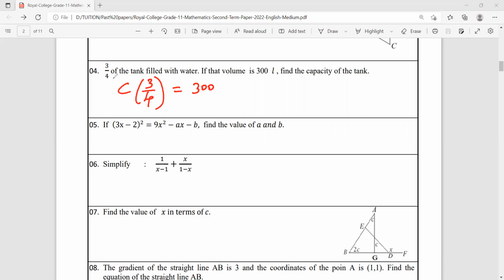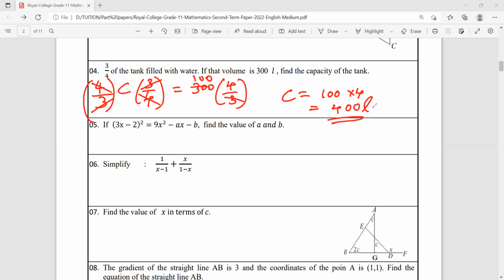From the left side you have to eliminate 3 over 4, so you multiply it by 4 over 3, and you have to do the same thing on the other side because this is an equation. This cancels out like this, and this cancels out just like this, and you get C is equal to 100 into 4, that is 400 liters, right?